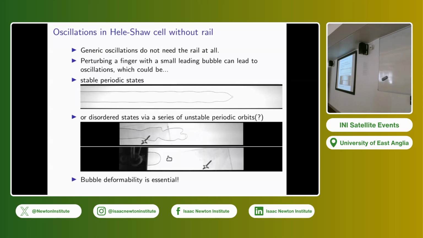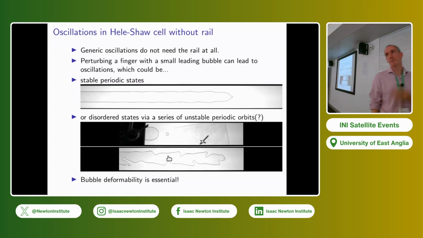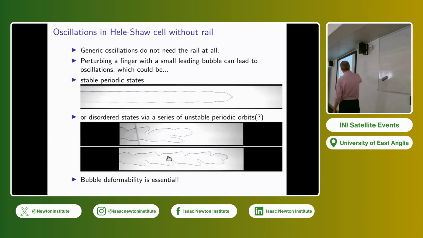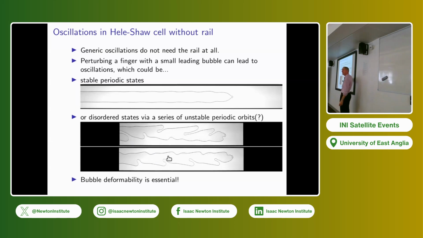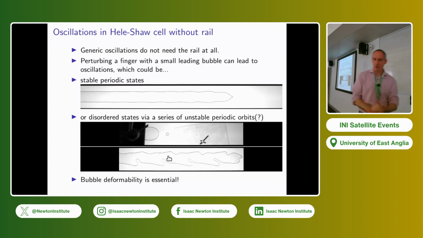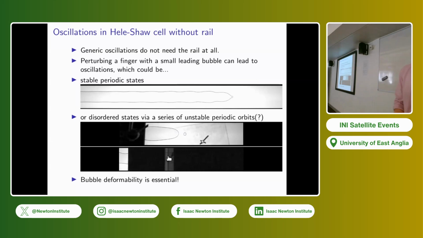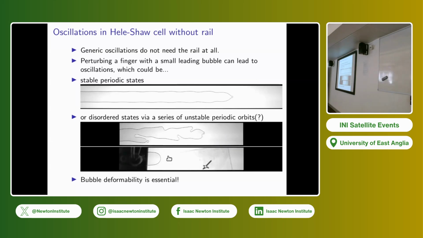And arguably, each one of those little side fingers is a transient exploration of one of these unstable states until it settles down. So that's what we think is going on. But I won't be able to say anything more convincing until we've actually got evidence that there are unstable periodic orbits in this system, which we don't yet know. There's a student working on it, and that would just be in the model. But maybe I can talk to you more about that later.